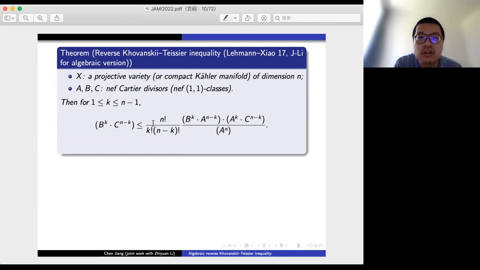This is just a binomial number, right? And we estimate this number by intersecting A with this intersection number.